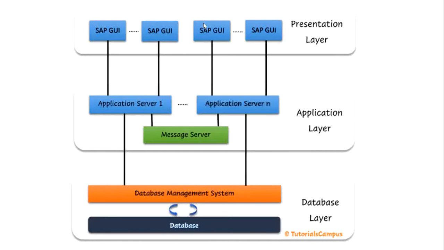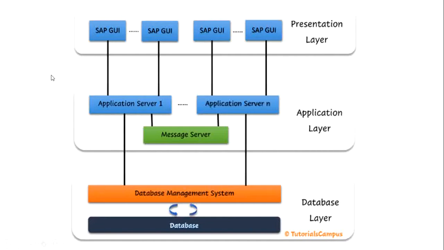Now this input device can be your mobile devices, browsers or front-end GUI systems, and so on. Basically the job of the presentation layer is to take the input, for example when the end user is doing some activity from his end, it takes that as an input and gives it to the application layer for the data to process further. Okay, this was the only job of the presentation layer.